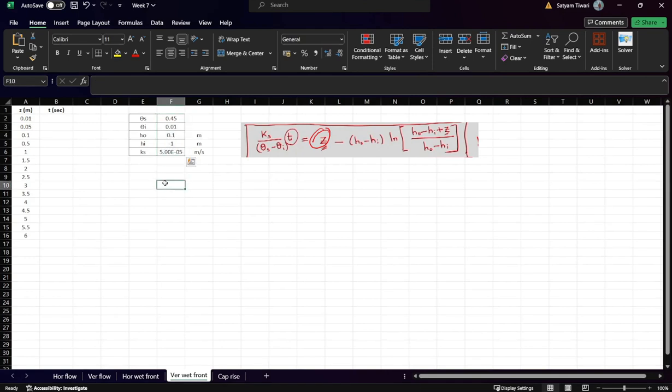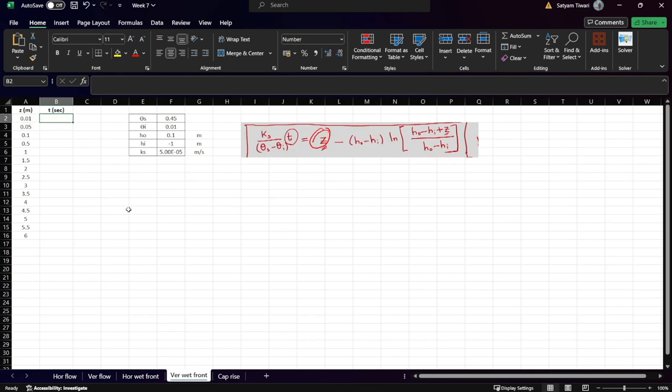So everything is similar to the last case, just that the position of the wetting front with respect to the time lapse will change because this is a vertical flow, right? So here we have to determine the vertical position. So using this expression, we will write the time stamp values for a particular position of the wetting front at a particular location. So let's see how we can do that.